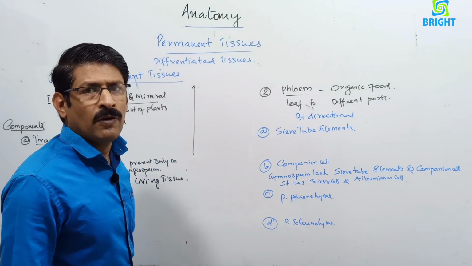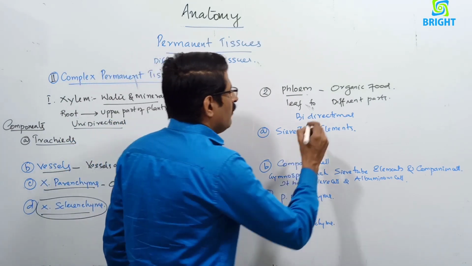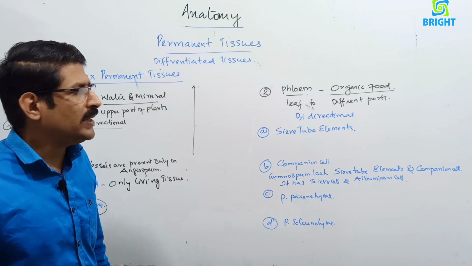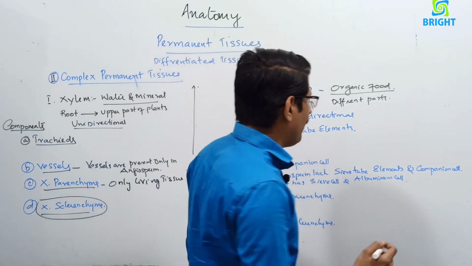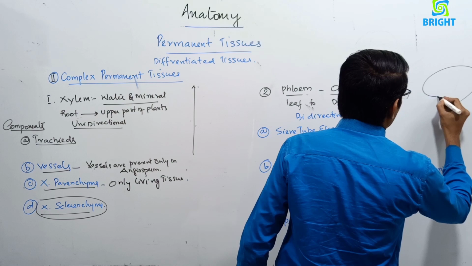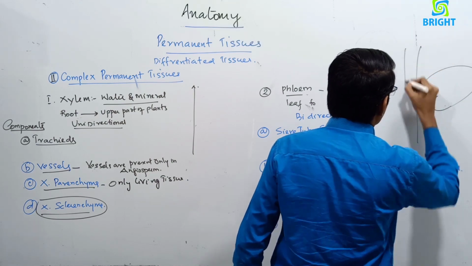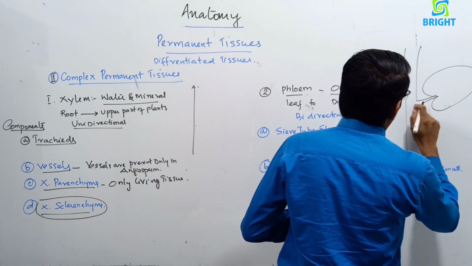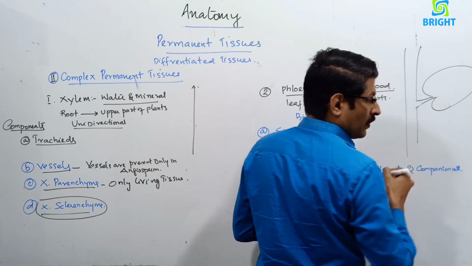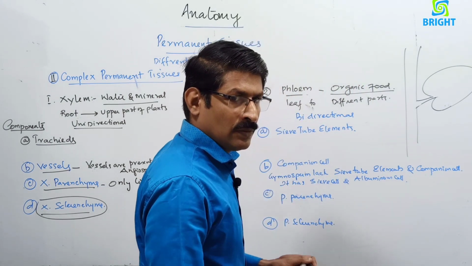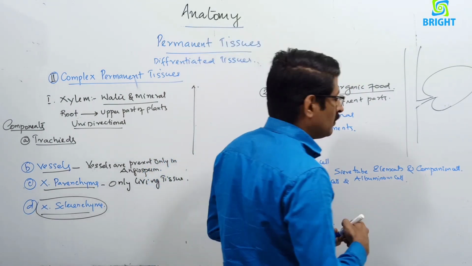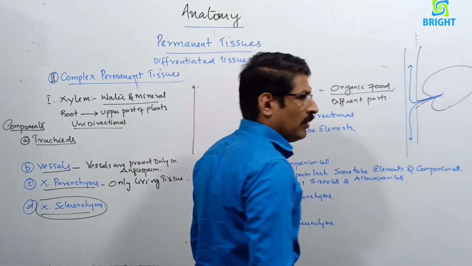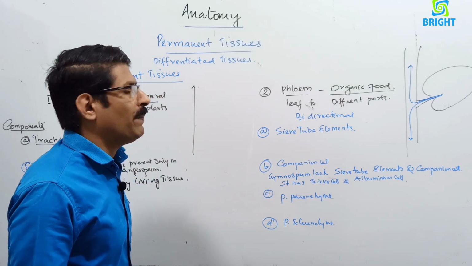And the second complex tissue is phloem. Phloem transports organic food, that is, photosynthetic product or organic material, from leaf to different parts of the body. If this is a leaf and this is a stem, it is transporting the food from leaf to different parts of the plant.